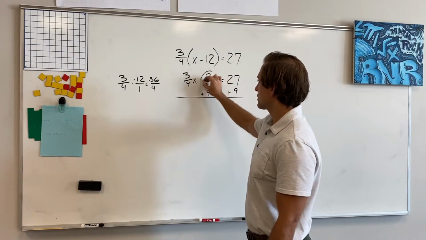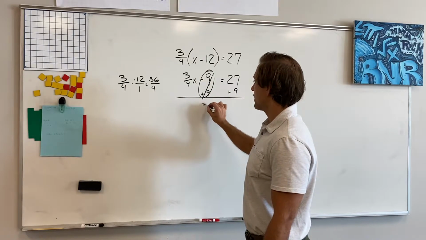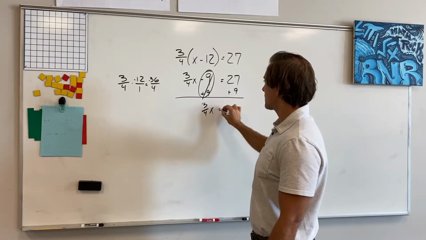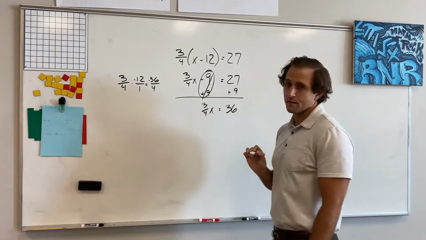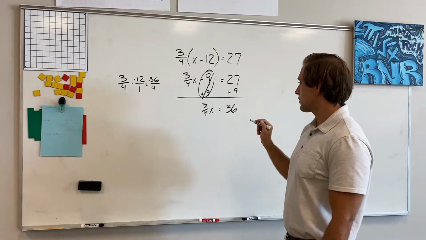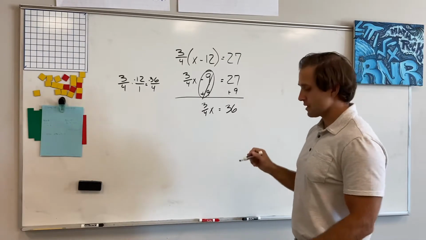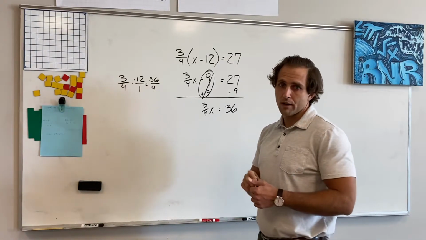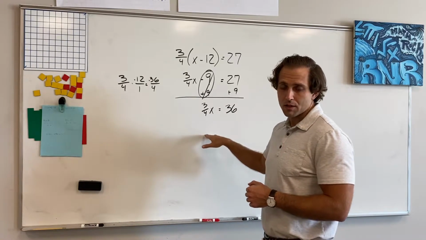This creates a 0 pair. And 3/4 x is equal to 27 plus 9, which is 36. Now, I need to solve for this. So 3/4 of x is equal to 36. In the past, what I've done is divide by the coefficient.